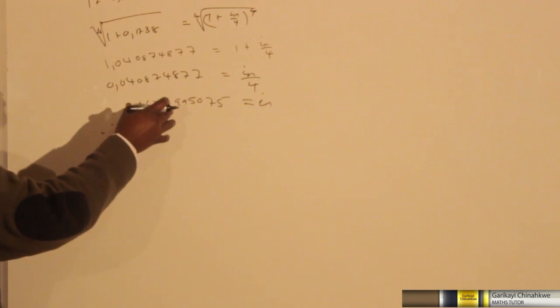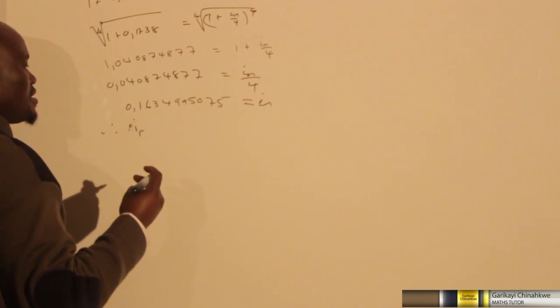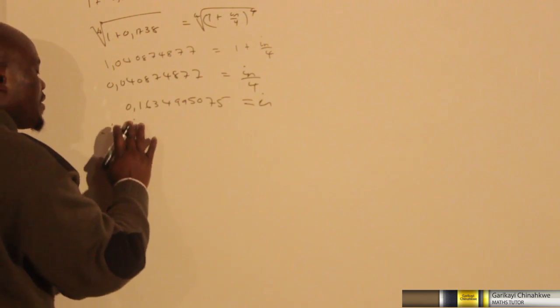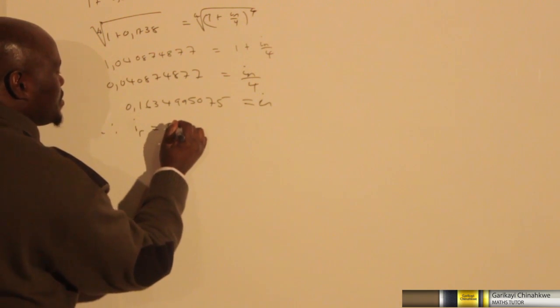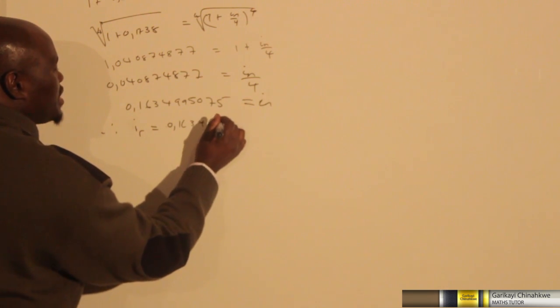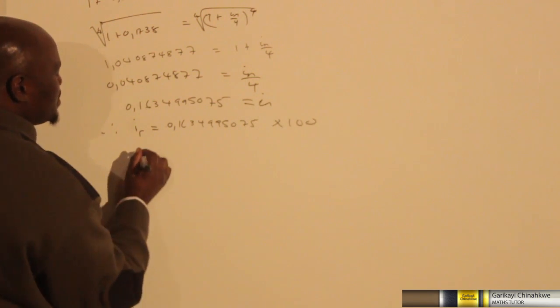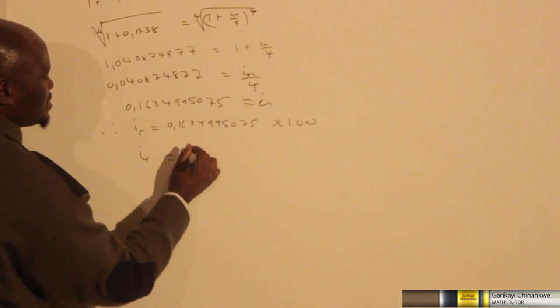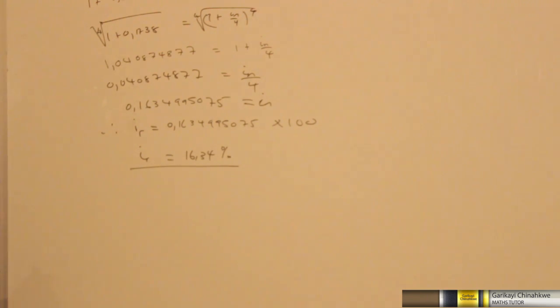You are only allowed to round off to the nearest two decimal places. You only round off your final answer, not in between. So 0.1634995075 multiplied by 100, therefore your i n is 16.35%. Okay.